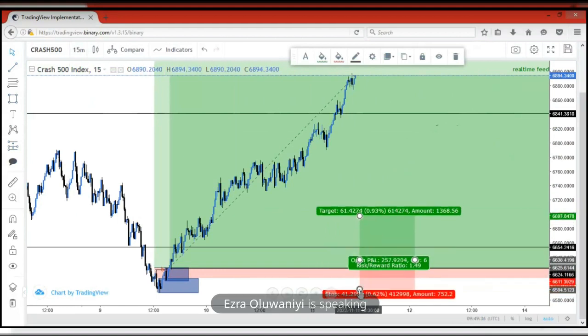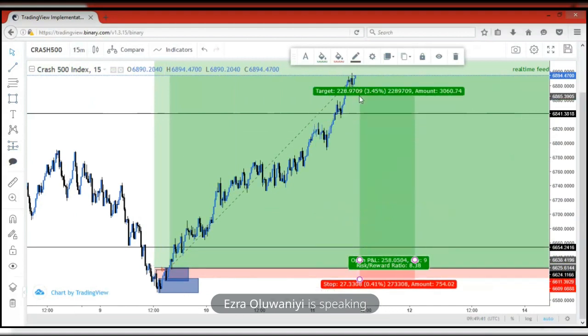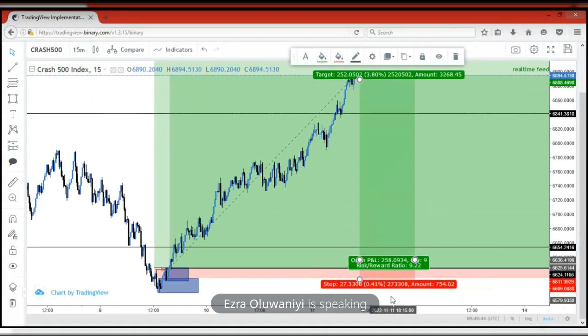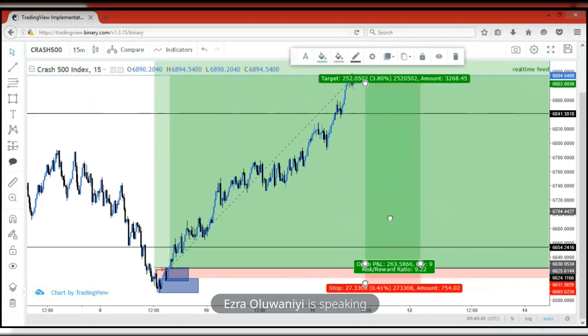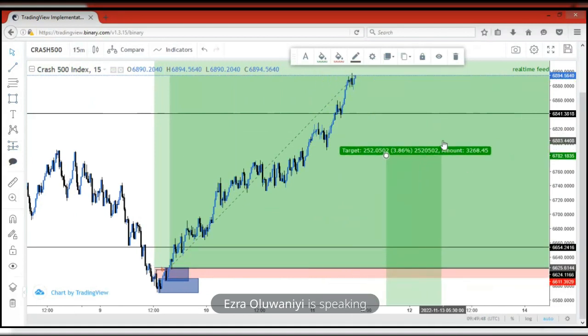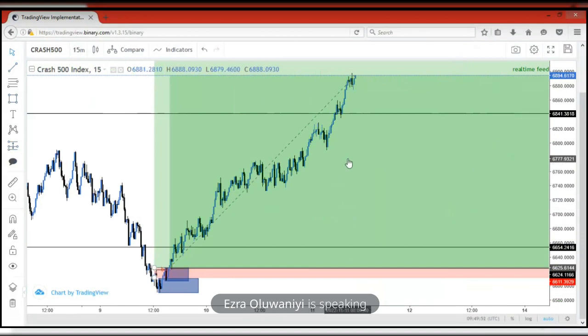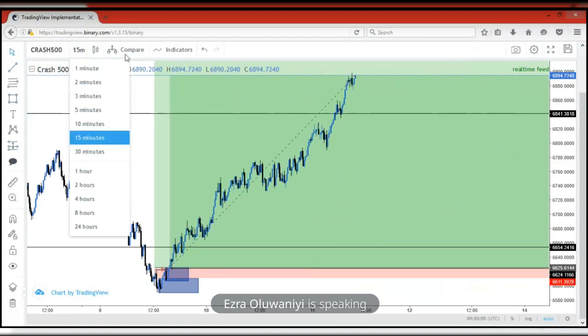So this would have given a good risk to reward. I guess this is 1 to 9, which is okay. It's fine. So you should just know how to do this. I think the old trade here is supposed to give 1 to 78, I guess. 1 to 78 is what I'm supposed to get from this trade.